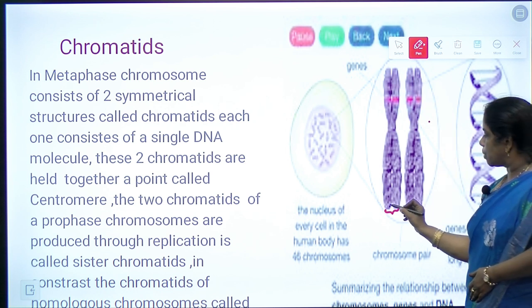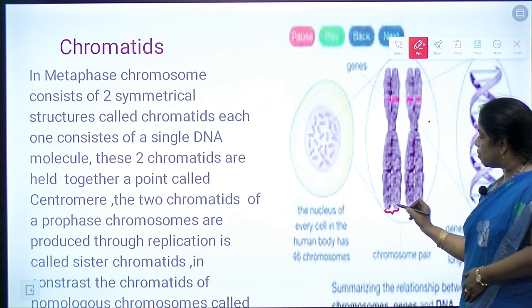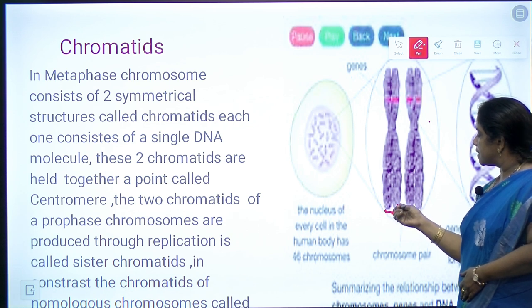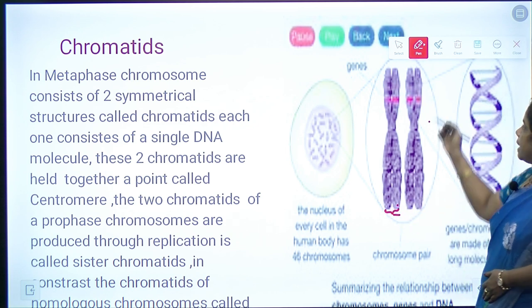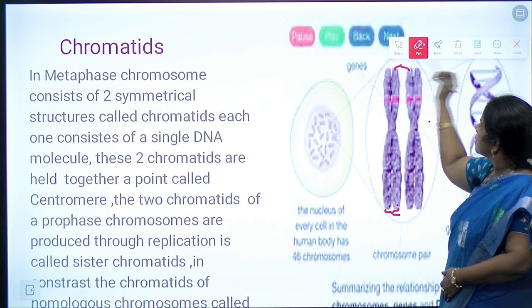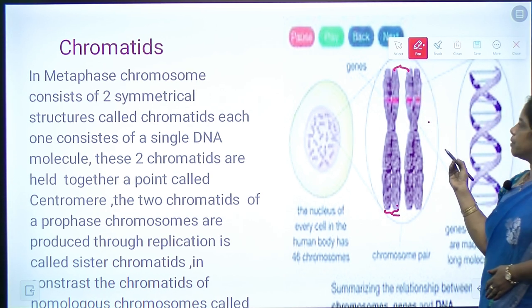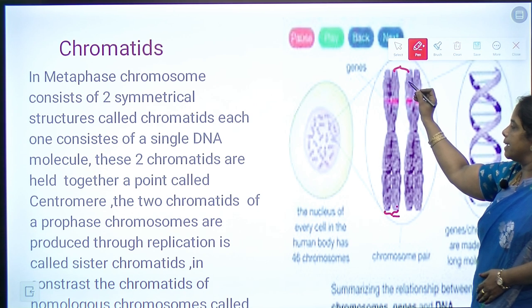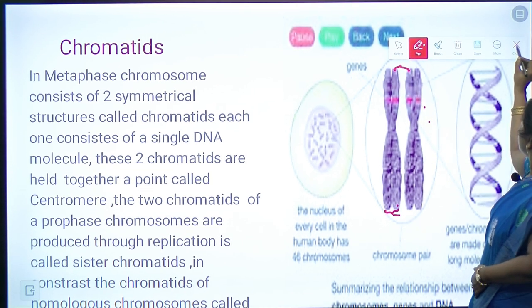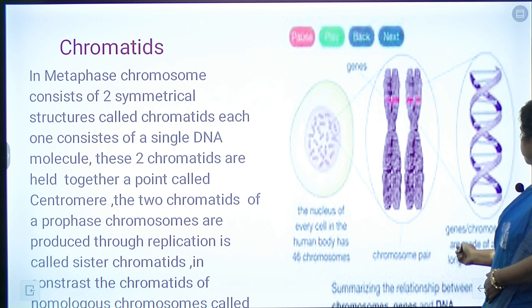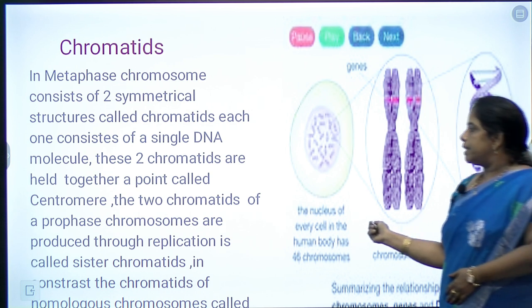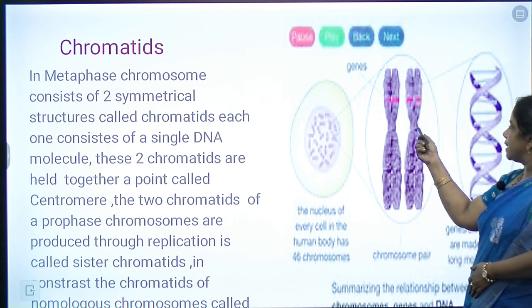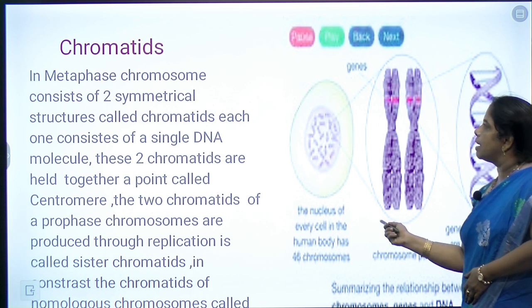The chromatids formed from a single chromosome are called the sister chromatids, and the chromatids formed from the homologous chromosomes are called the non-sister chromatids. These two chromatids are joined at a center point, called the centromere.